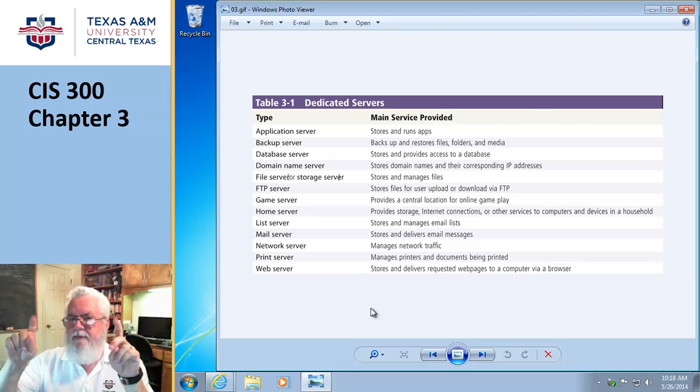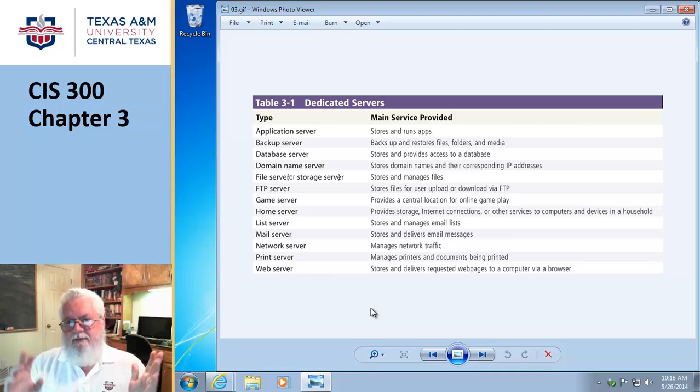One physical server running print services, application, domain, boom, boom, boom, right on down the line. It does it all because you only have 10 employees. You're only in a 2,000 square foot office someplace. You really don't need everything to be separate. That would be way too expensive for you. So it's really just a matter of taste.